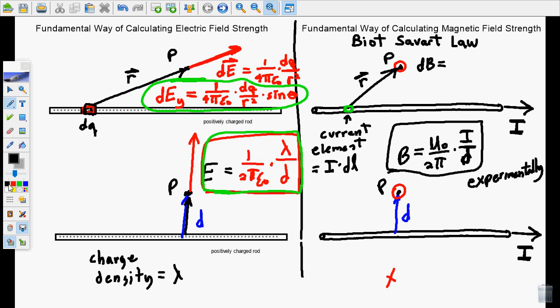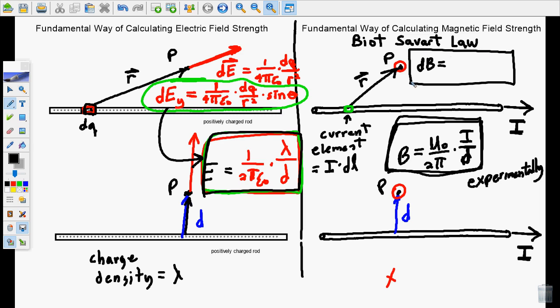Well, remember how in the past we did that long, tough derivation and we went from here to there to get this answer? Biot-Savart had the answer, but they were trying to figure out, is there a corresponding relationship? Can we say that the magnetic field is due to a little piece of the current?